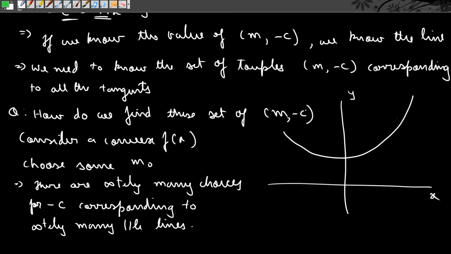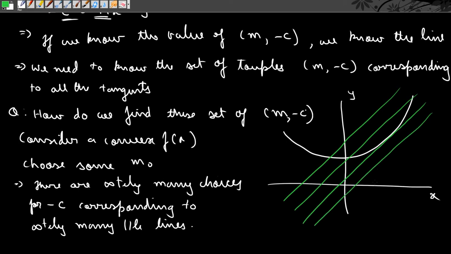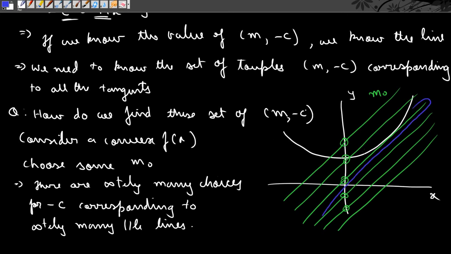So once we choose our m, then there are infinitely many lines that I can draw, okay, in this manner, where corresponding to each line we get different values of our intercept values c. But what we see is that for a given m naught, so the slope is m naught for this, we see that there is only one line, that is this one, which will be the tangent.